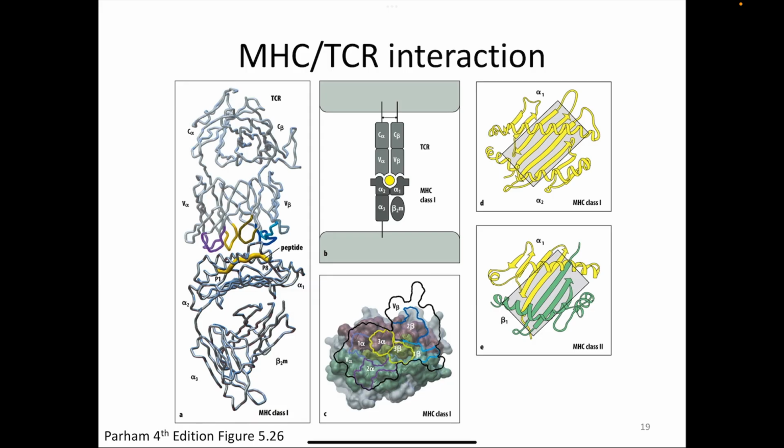So it's very similar to what you've seen with the B cell and the antibody. We even know a lot about the specific angle that the T cell receptor has to come at to bind the MHC. This is showing you the T cell receptor's angle across the MHC in both top and bottom views. So we understand a lot of the details of these interactions.